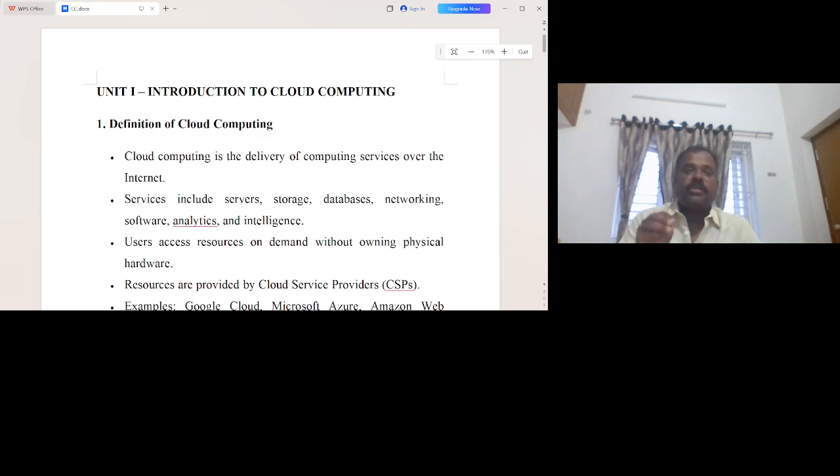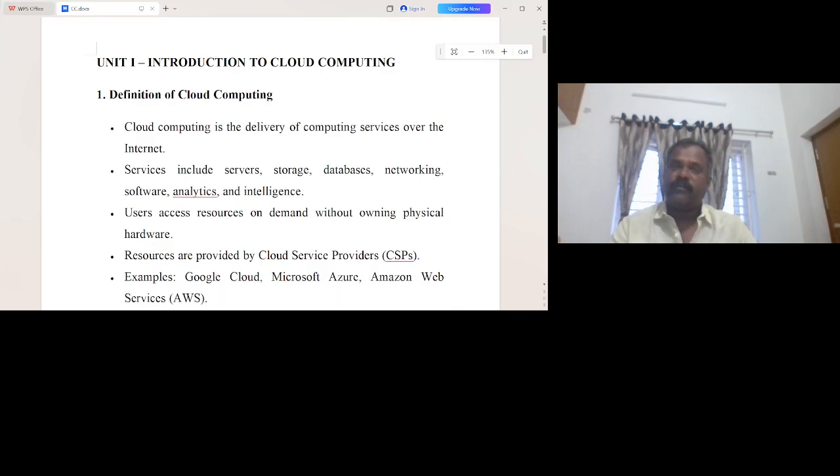Okay. Then computing services means that a service consists of servers, storage, database, networking, software, analytics, and intelligence. Users access resources on demand without owning physical hardware. This is the main advantage of using cloud computing.